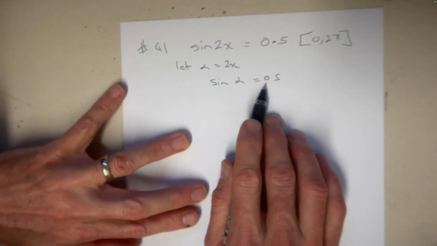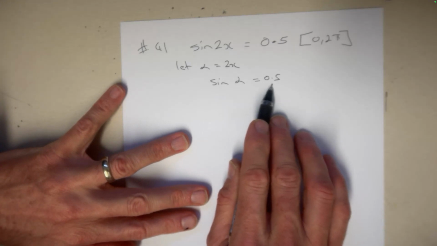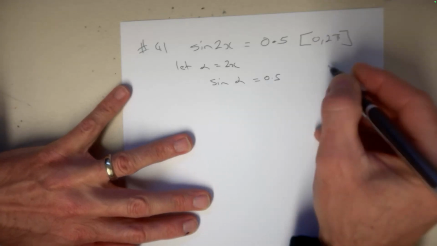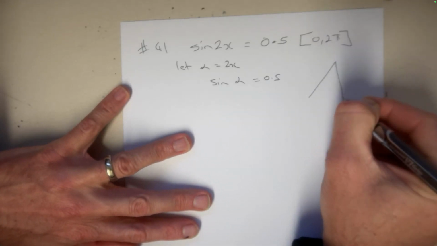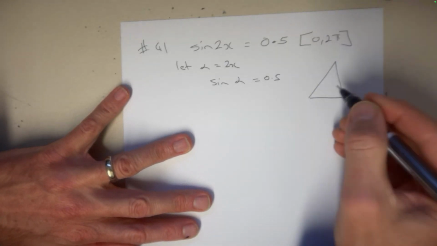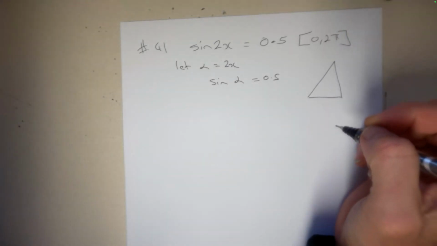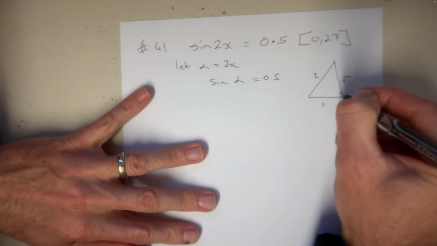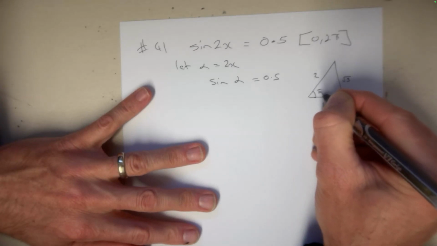But now if you've done a bit of special triangles, you'll probably realize that if you see a sine or a cos angle equal to a half, you can use this triangle here. If you haven't covered special triangles, don't stress. It's a bit of a hidden art, but basically this angle here is pi over 3.